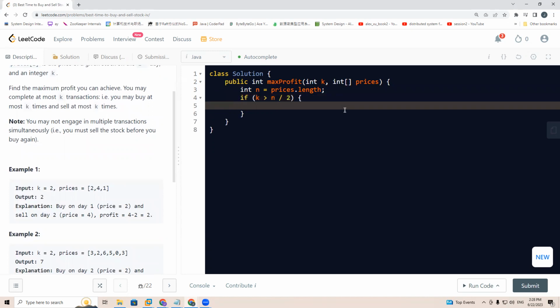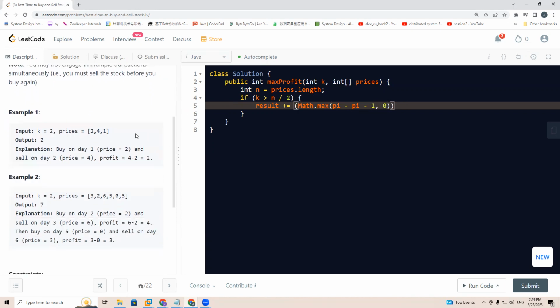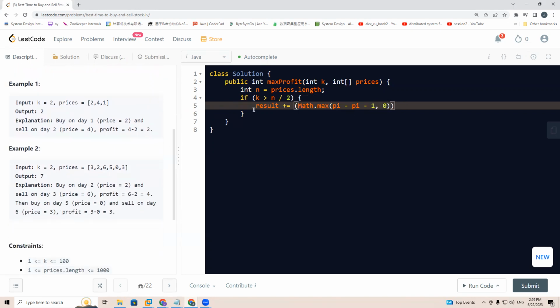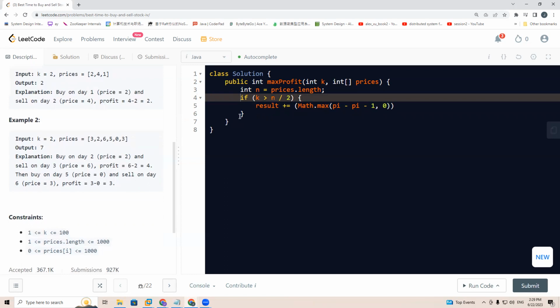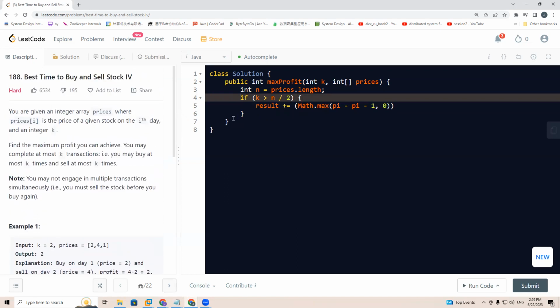Then we just add to the profit sum price[i] if it is greater than price[i minus 1]. Something like that, right? So that becomes the question based on buy and sell stock 2.